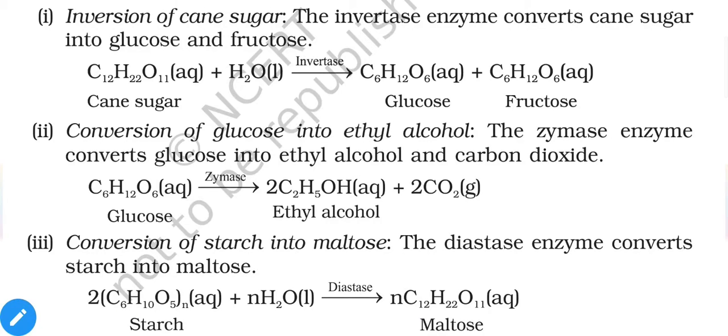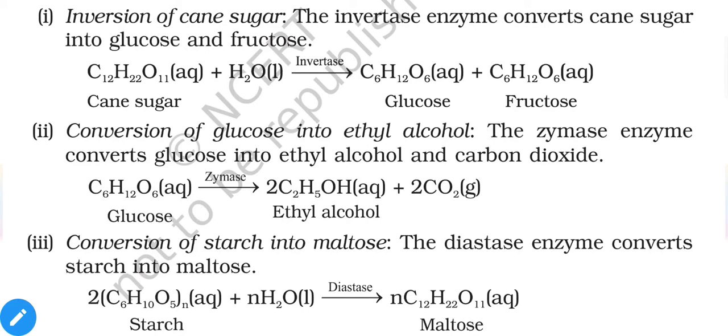Suppose before the reaction the light direction was changing to the left-hand side, and after the reaction the light direction changes to the right-hand side, then it is called inversion. Before the reaction it was turning left, and now it is turning towards the right, so it is called inversion. In the case of this reaction, the cane sugar solution and after the reaction the glucose plus fructose solution give opposite optical activity, so that's why it is called inversion.